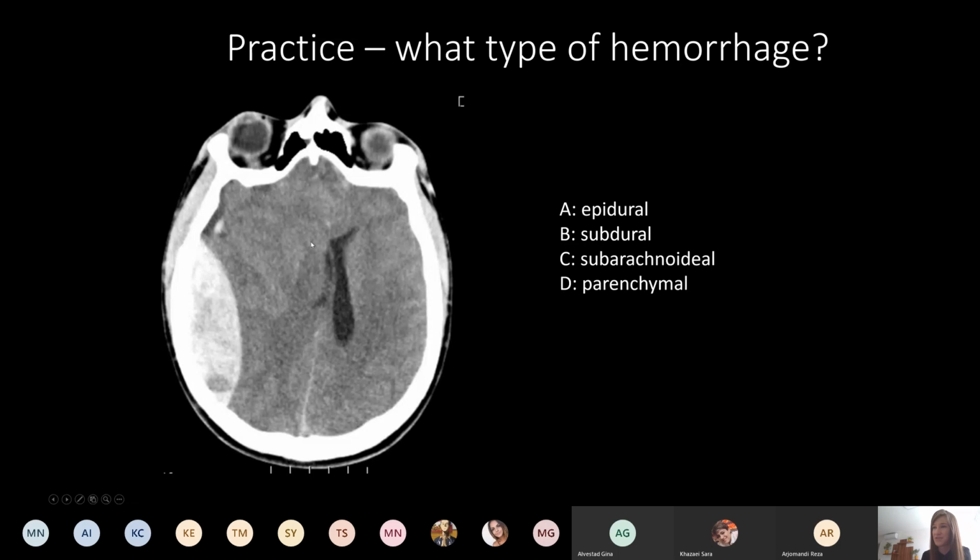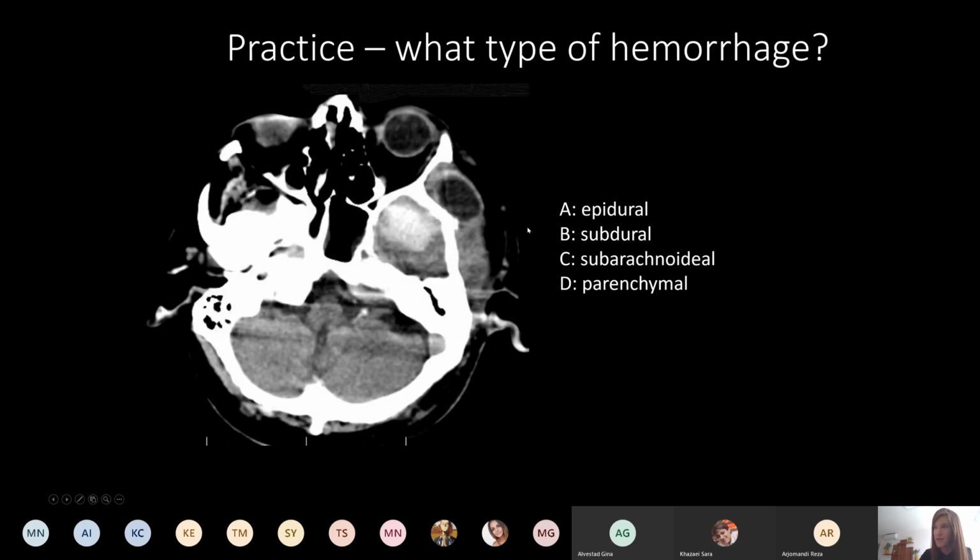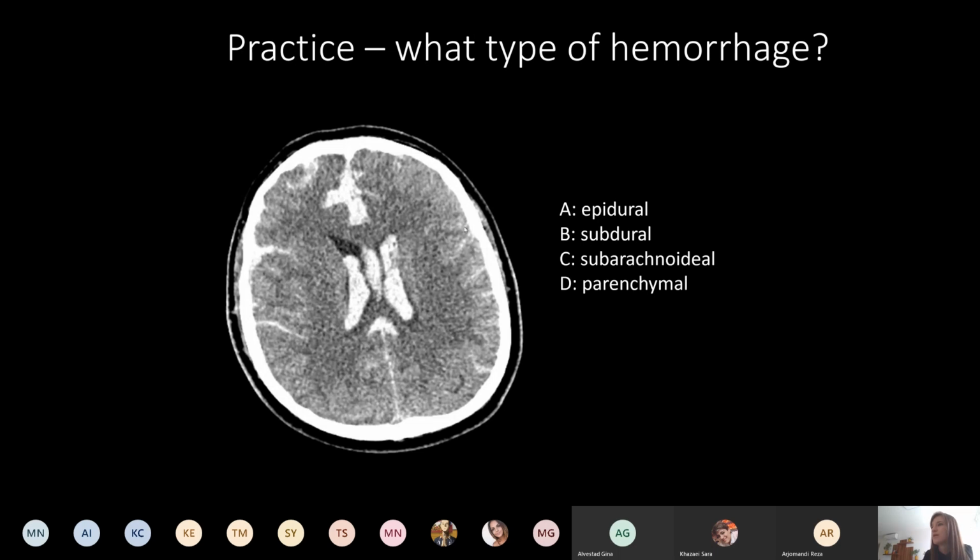This is a patient, like a kid. I will help you a little bit. This is the hemorrhage itself. So what kind of hemorrhage is this one? Parenchymal. Yes, correct. This one here.